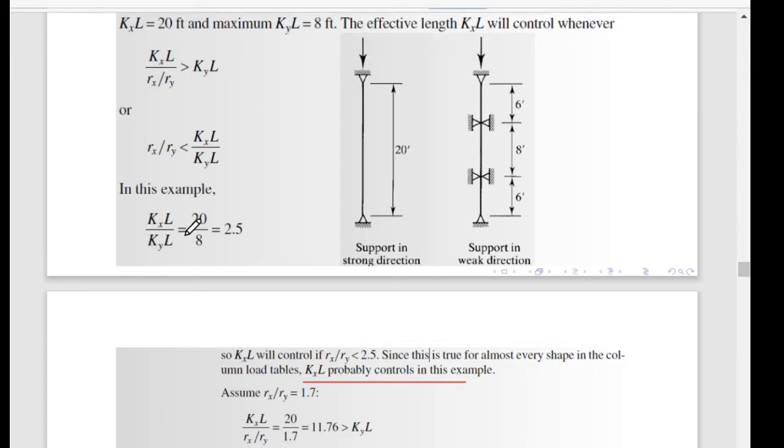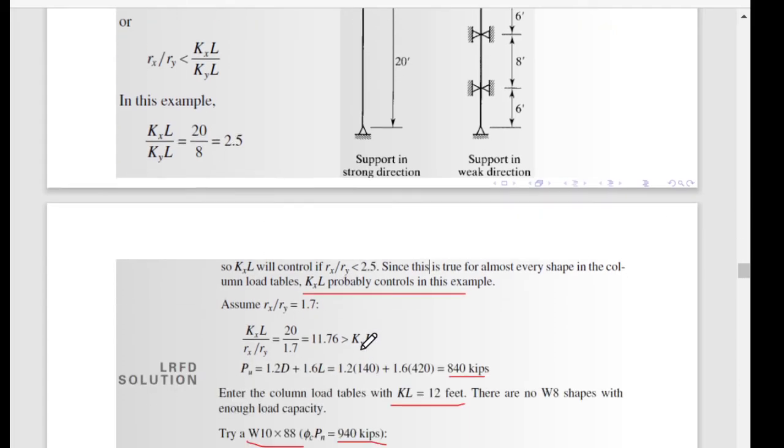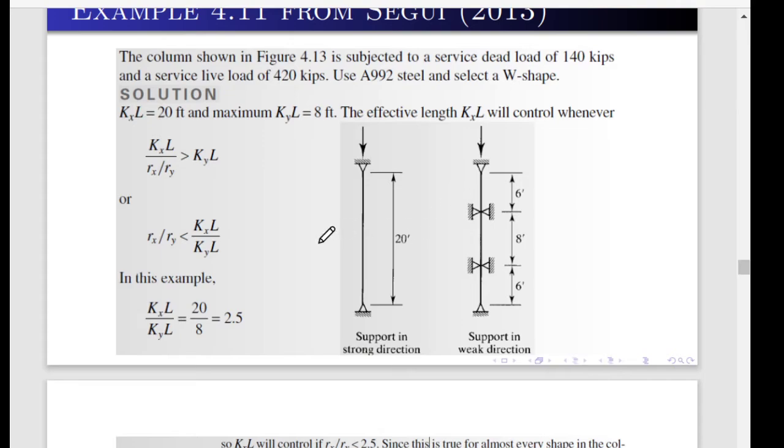For the strong axis to control, the value of your Rx over Ry should be less than 2.5, should be less than this. Then we'll assume a number less than 2.5, since the possible figure here is that the KX in the strong direction will control.